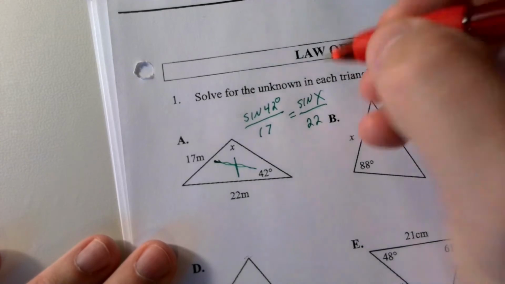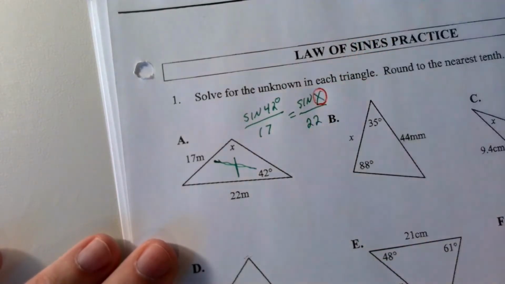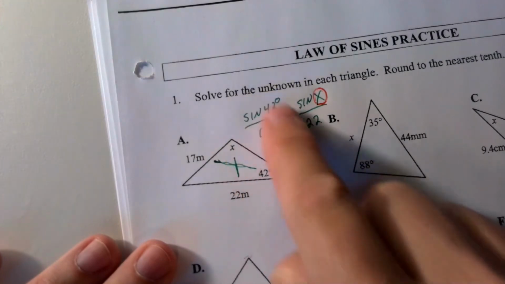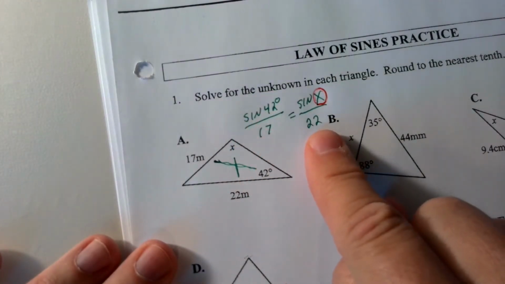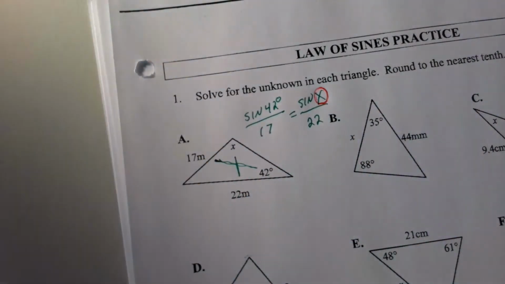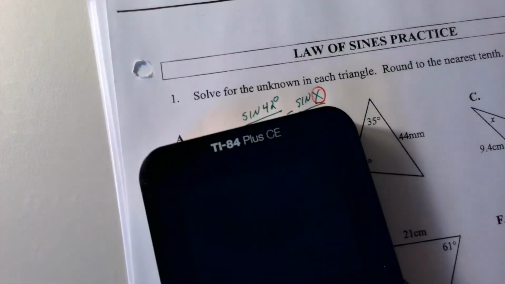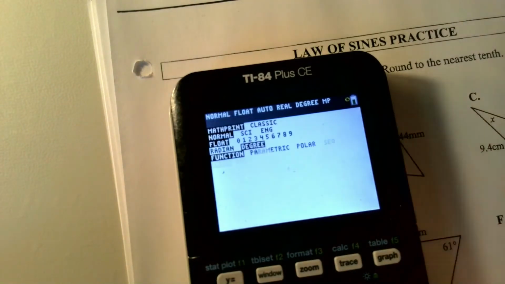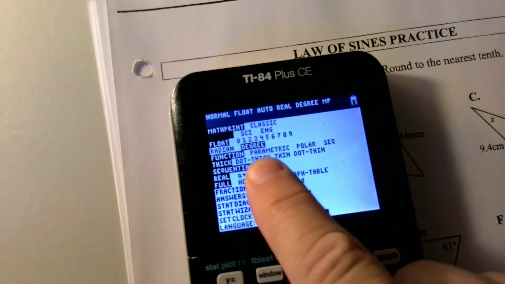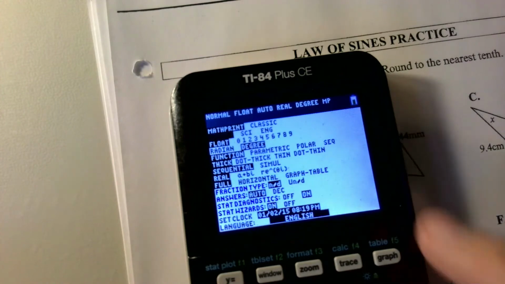Now you can see that I need to get this x by itself completely, right? So what I'm going to do is find out what this ratio is, sine of 42 over 17. I'm going to multiply it by 22, and then I'm going to rewrite it again. So here we go, on our calculators, just like this. First thing I'm going to do is check my mode, make sure it's in degree mode. We did this the other day, right?